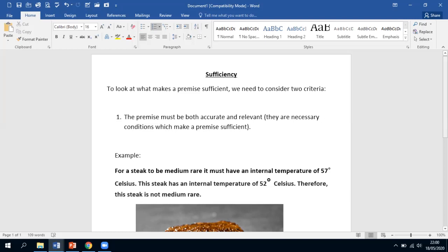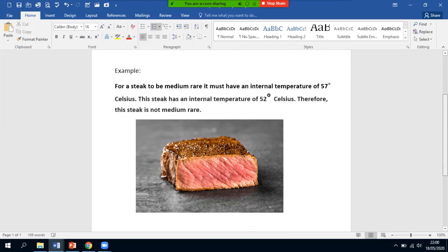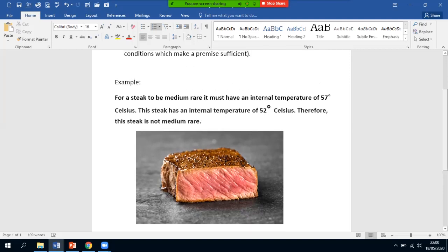An example here for you. For a steak to be medium rare, it must have an internal temperature of 57 degrees Celsius. This steak has an internal temperature of 52 degrees Celsius. Therefore, this steak is not medium rare. In order for these premises to be sufficient, let's have a look at the first premise.